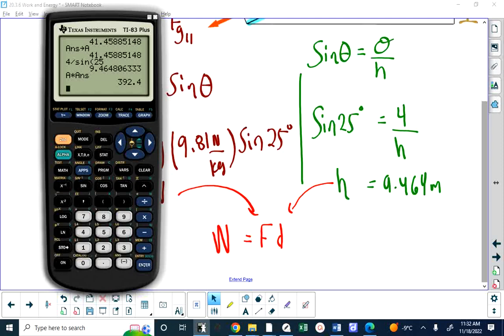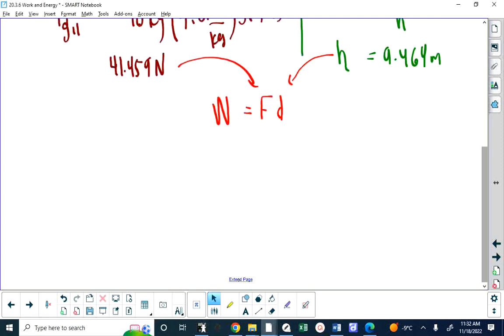Now I want to show something to you. The explanation as to why what I'm going to show you will work will be given to you tomorrow. The full explanation. The answer, if we carry all of our decimals, is 392.4 joules.